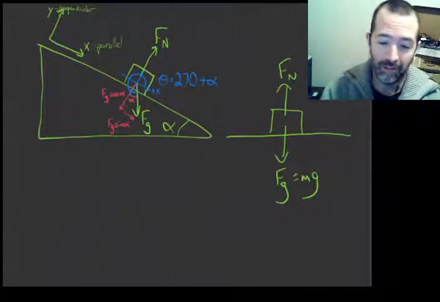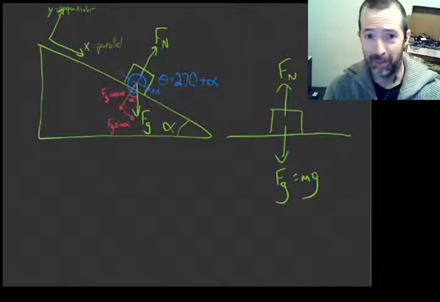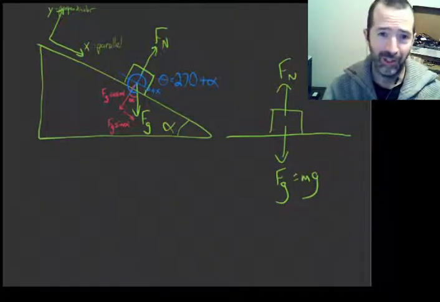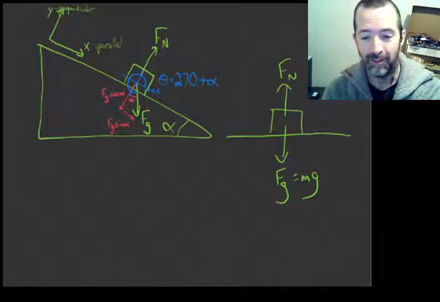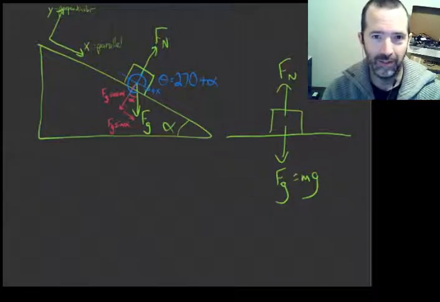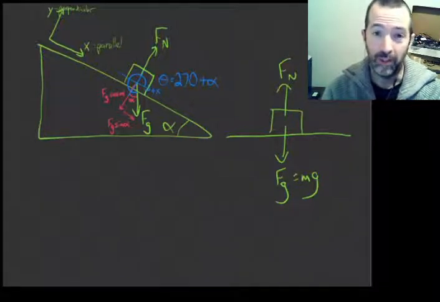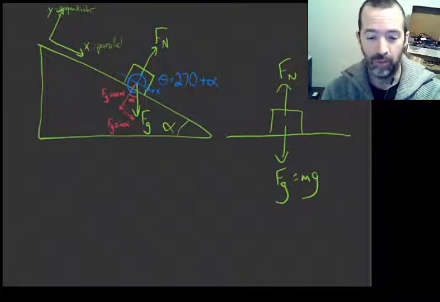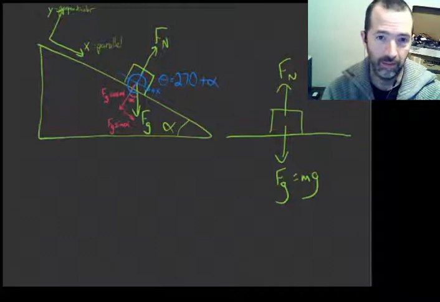And that would be a weird angle to report about a ramp. If I want to tell you how steep a ramp is, I'm going to be telling you the angle alpha that's down at the bottom, because this is the angle that makes sense to talk about. If you want to do your old style calculations for the components, you just have to add 270 to it, and then you can use the old rules.